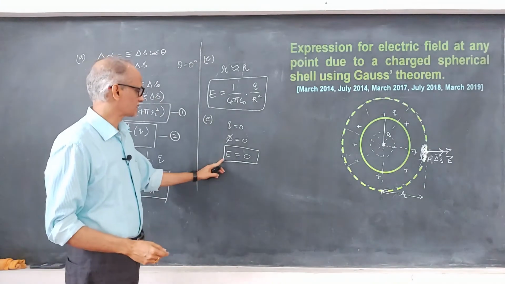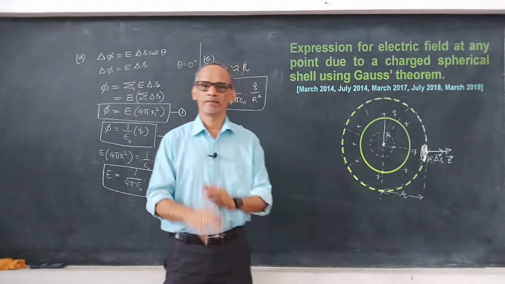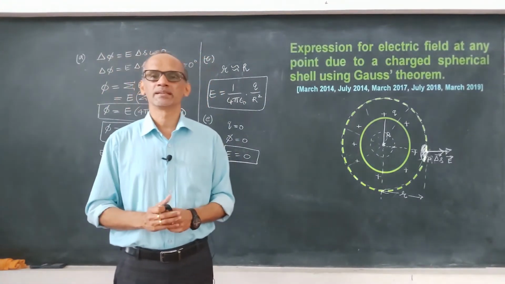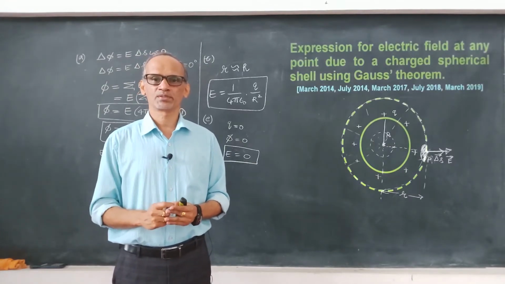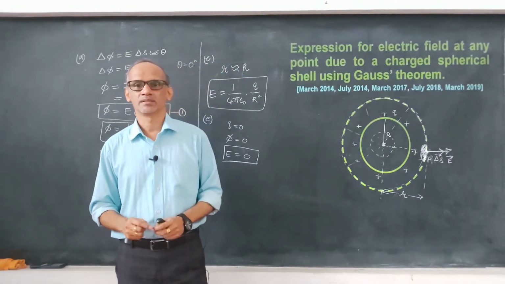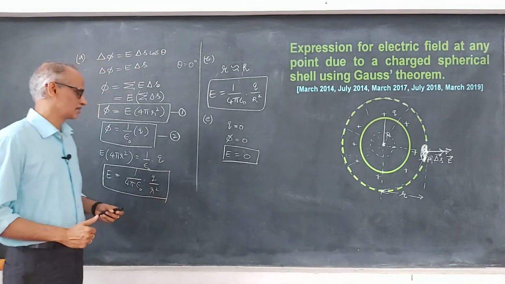So, the conclusion is that the electric field anywhere inside a charged sphere, not only a charged sphere, any charged conductor, is always 0. So, this is one more question: what is the value of the electric field inside a charged conductor? It is always 0. So, we have 3 different cases.